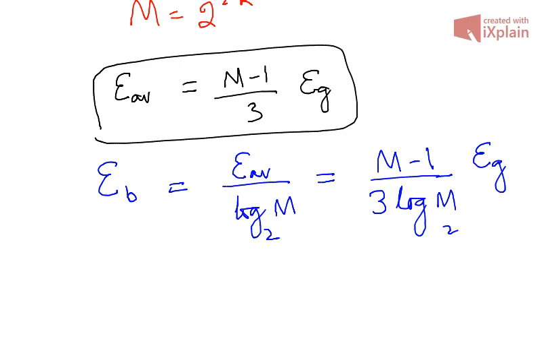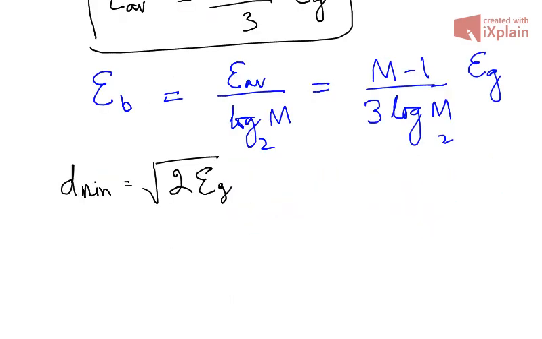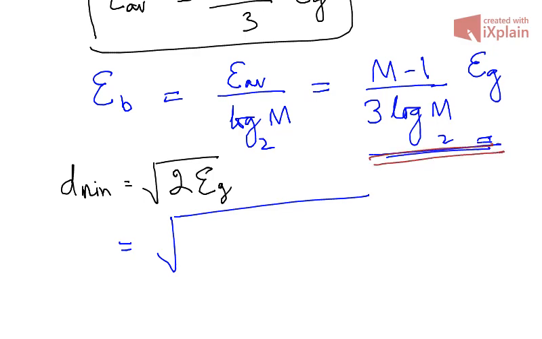And if you want to find out the minimum Euclidean distance, which we say is 2 square root of Eg, just as we derived in our expression, we can have the expression for minimum Euclidean distance in terms of Eb, right? We solve this Eg equation in terms of Eb.